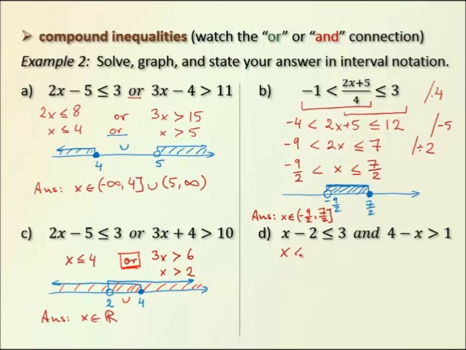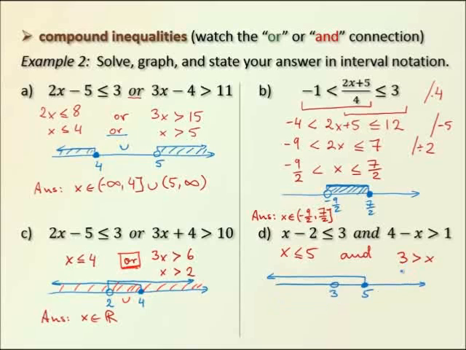Here we have x is smaller or equal to 5, and bring the x to the right, so x is smaller, then bring the 1 to the left, 3. Again, see how this will look on the number line. 3 is below 5, so 3 will be a hollow circle, the 5 will have to be a covered circle because of the equal sign. x is smaller than or equal to 5, meaning it goes this way, and x is smaller than 3, so this set also goes that way.